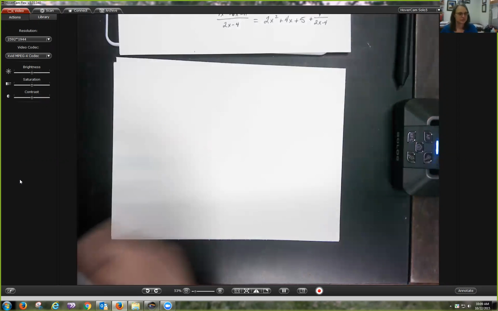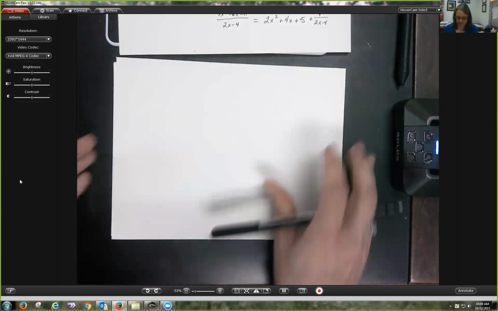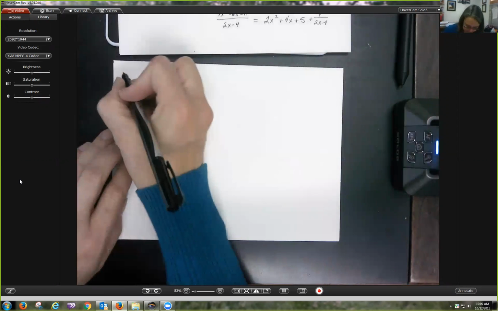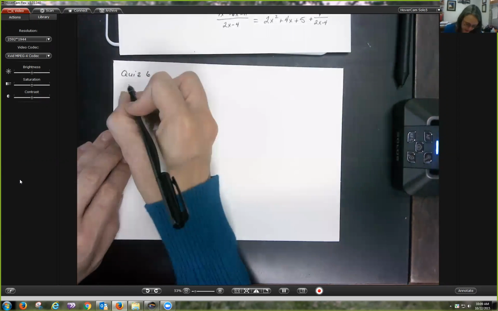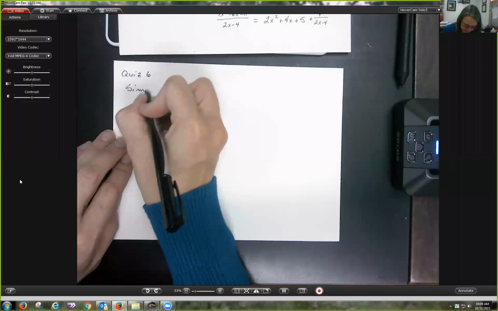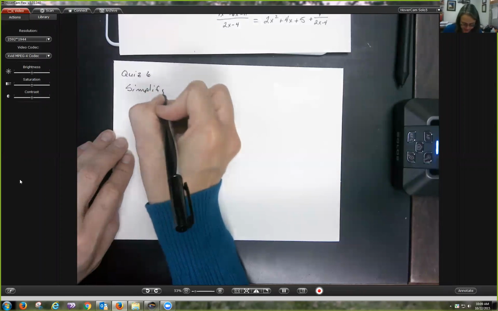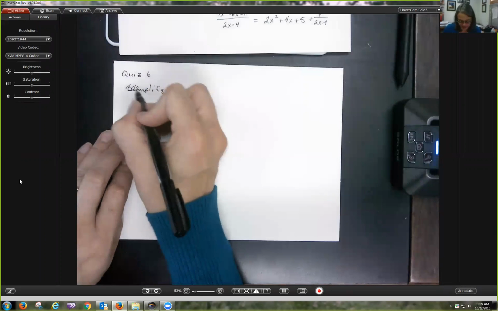Let's do a quiz. This is quiz 6. And I want you to simplify, in other words, do the division. So maybe I should just say that.